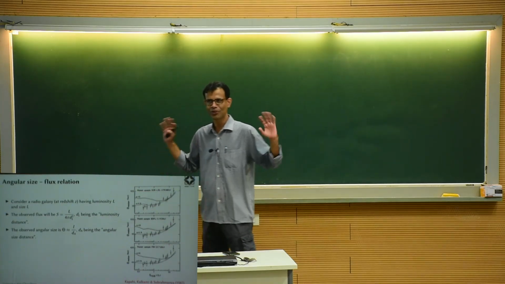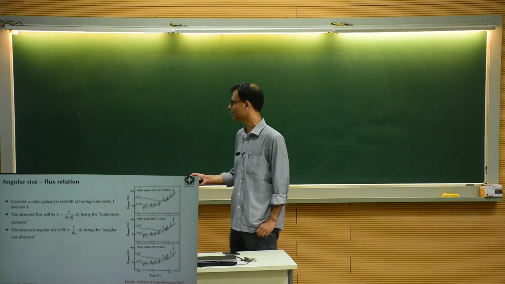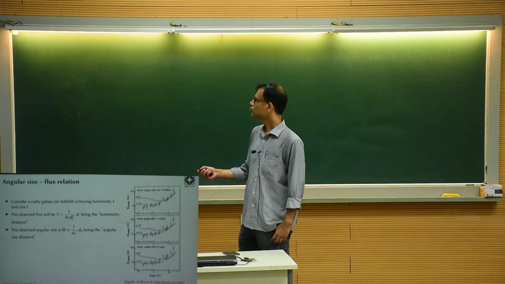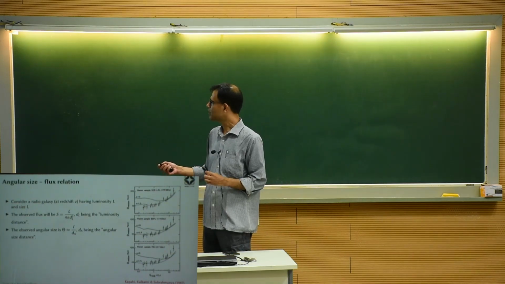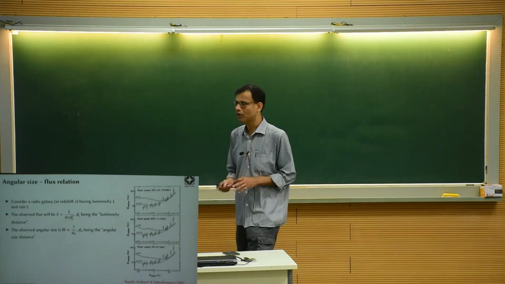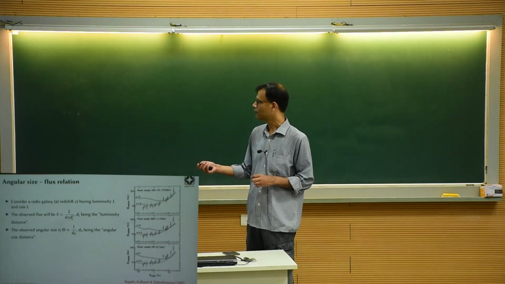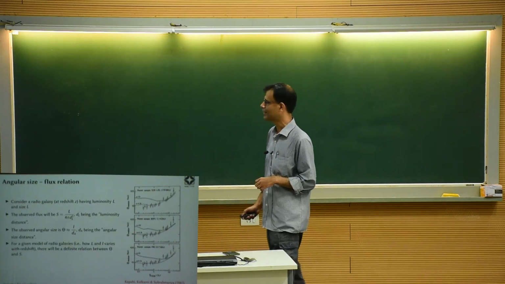But in an expanding universe, there are non-trivial effects which make these distances not equal to each other. So what I'm trying to say is, if there is a radio galaxy which has a luminosity L and some size l, you can infer the luminosity through the flux, and you can infer the size through the angular size theta.